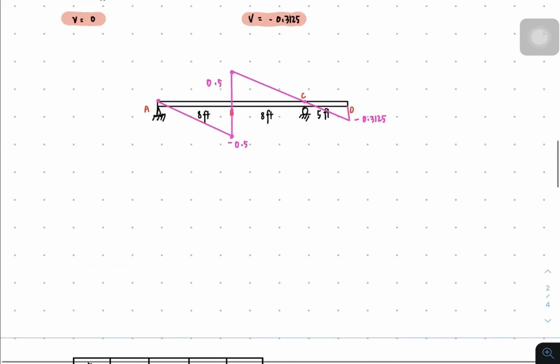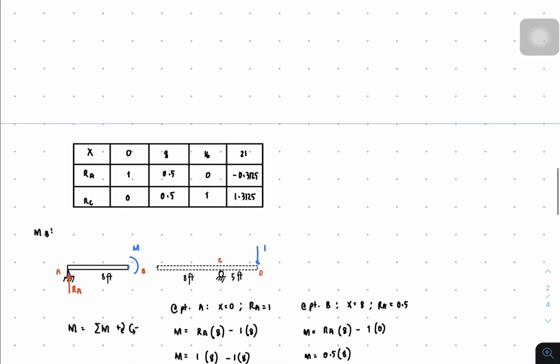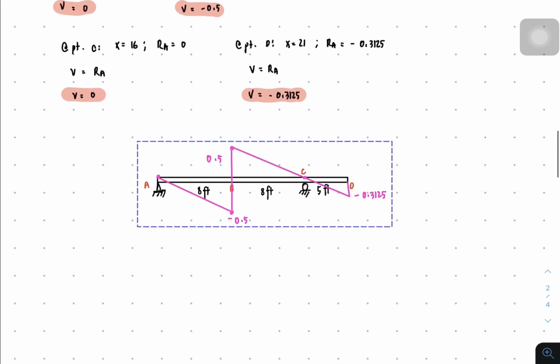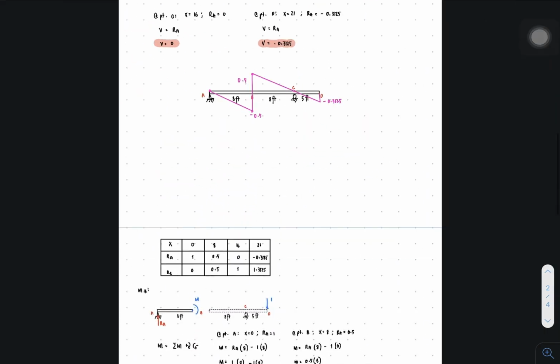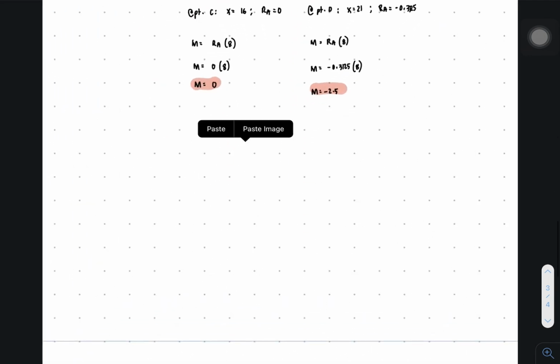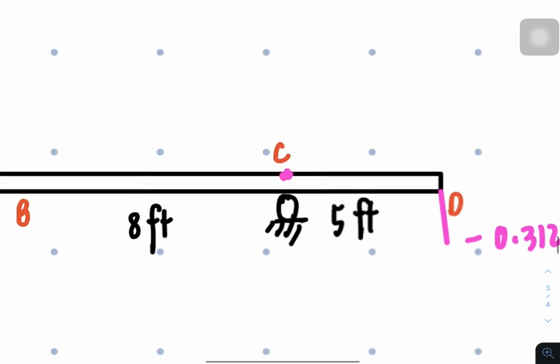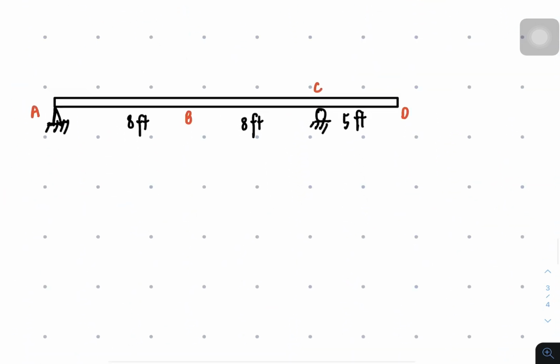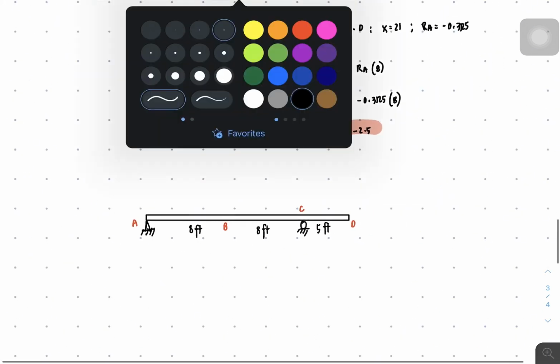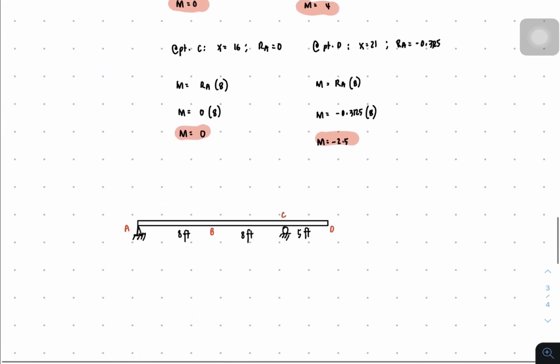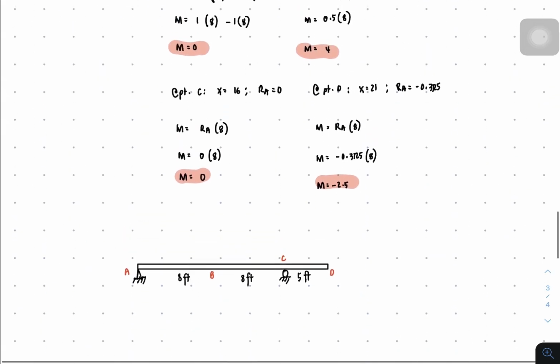Okay, we're going to plot now the beam influence line. So let's just copy this, and let's erase some parts that are not useful for the plotting. Okay, so let's start. From point A, it's 0, and then point B, it's 4.